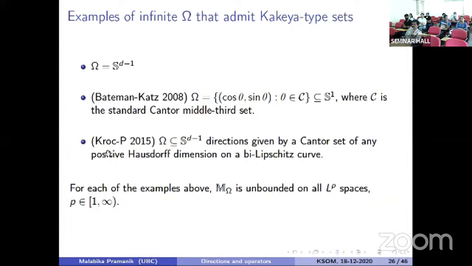In joint work with Ed Kroc, we extended this to any Cantor set of positive Hausdorff dimension on a bi-Lipschitz curve in R^D. By virtue of our previous discussion, the directional maximal averages corresponding to these direction sets are all unbounded.